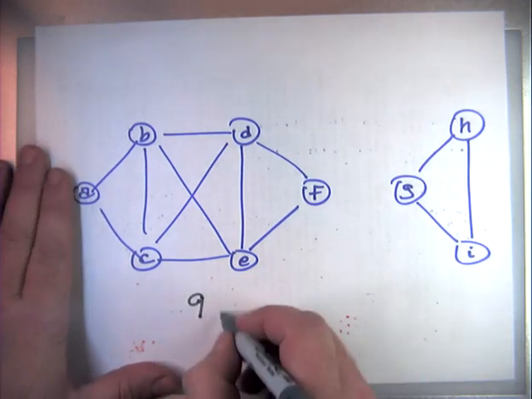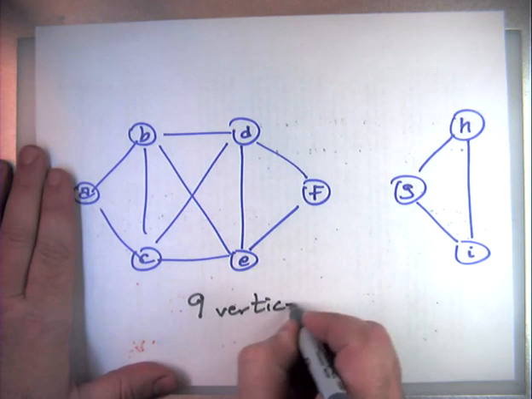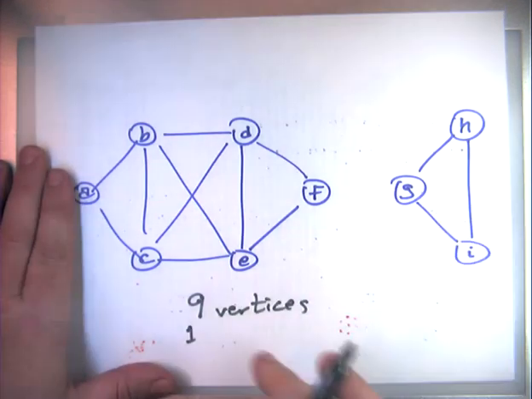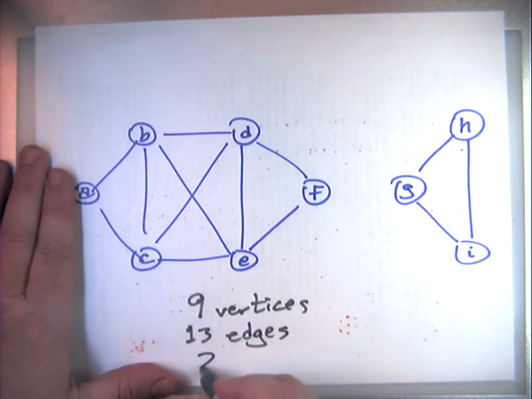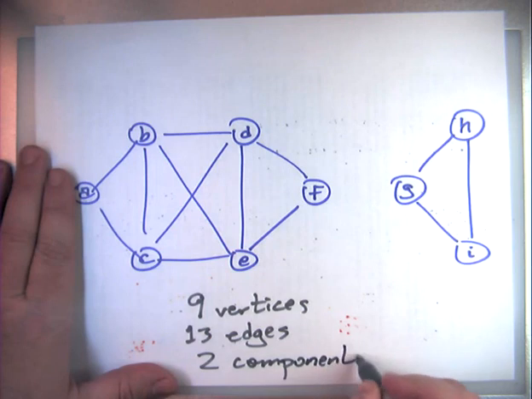Is it 9 vertices? 13 edges. This graph has 2 components.